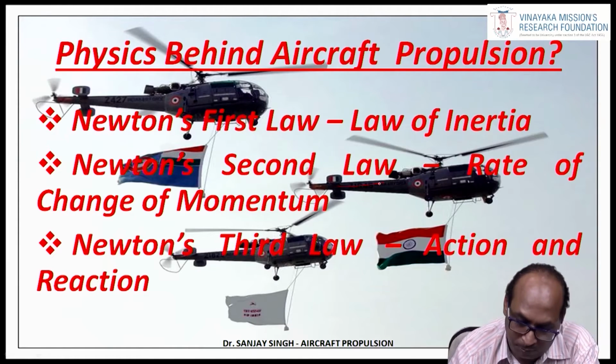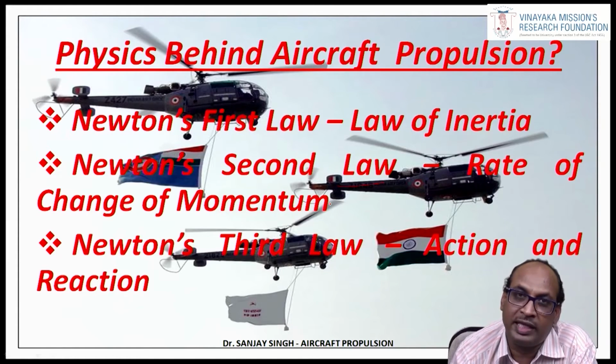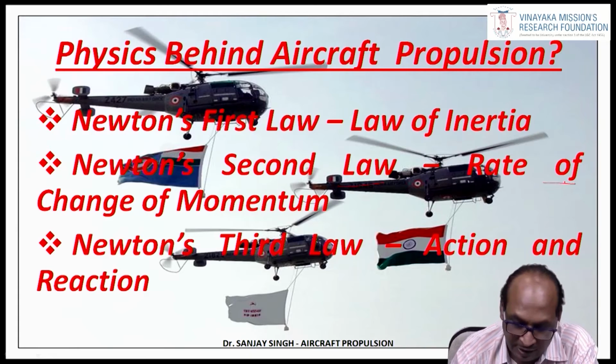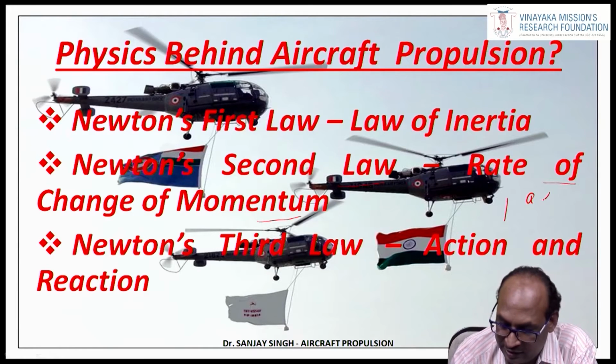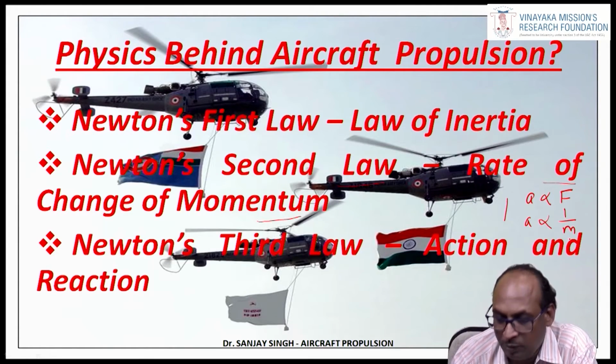That part is covered in Newton's second law, which is also called the rate of change of momentum. From this, as I told you, acceleration is directly proportional to the force applied, and acceleration is also inversely proportional to the mass of the body.